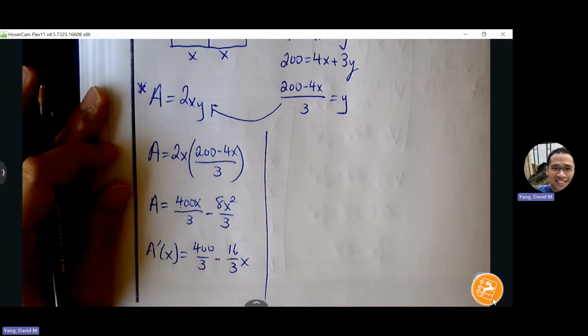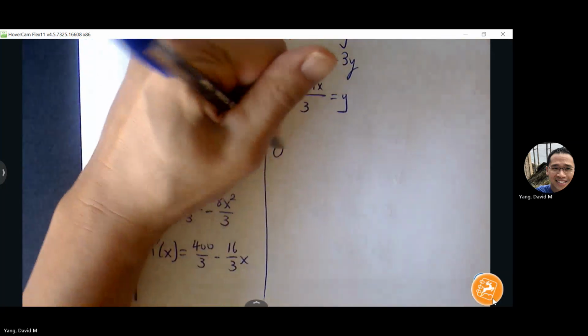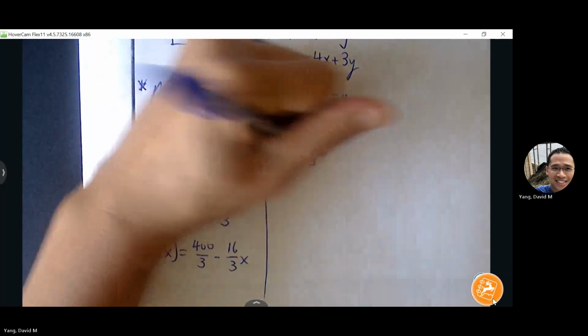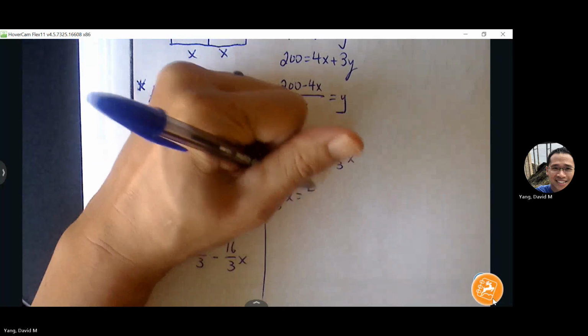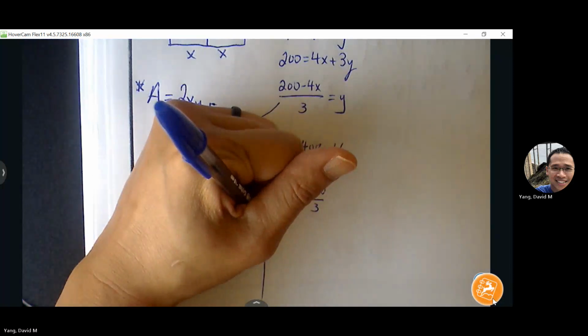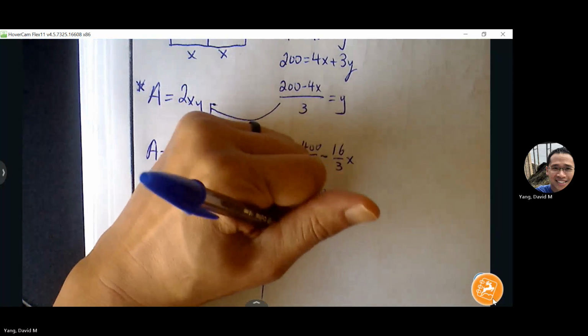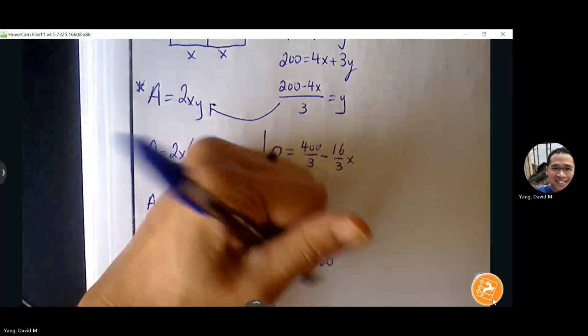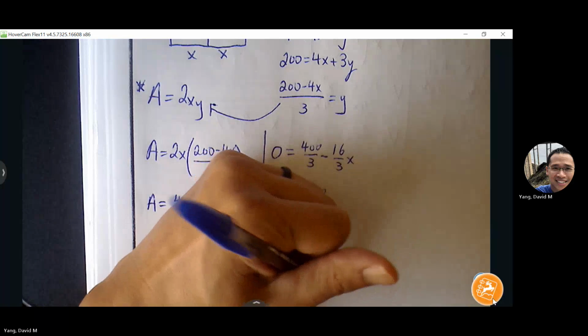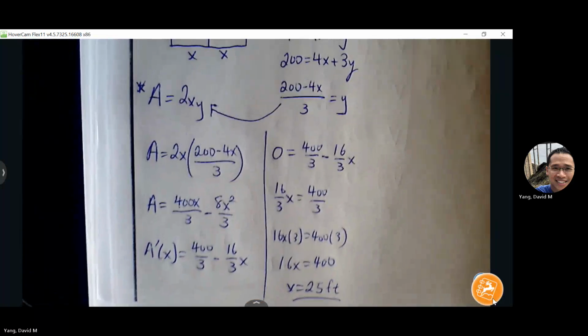Are we gonna have a calculator for this step? Yeah, calculator, yep. So it's asking for dimensions, so we just need to find x and y.